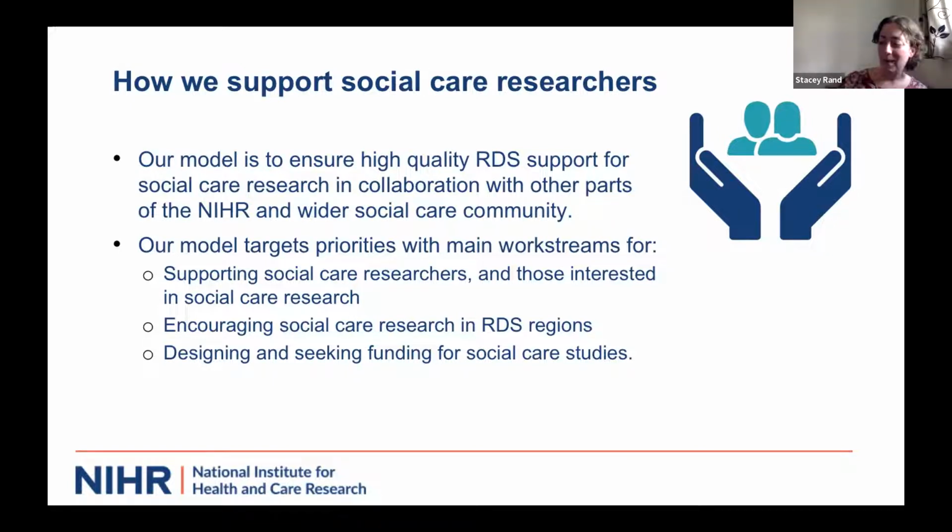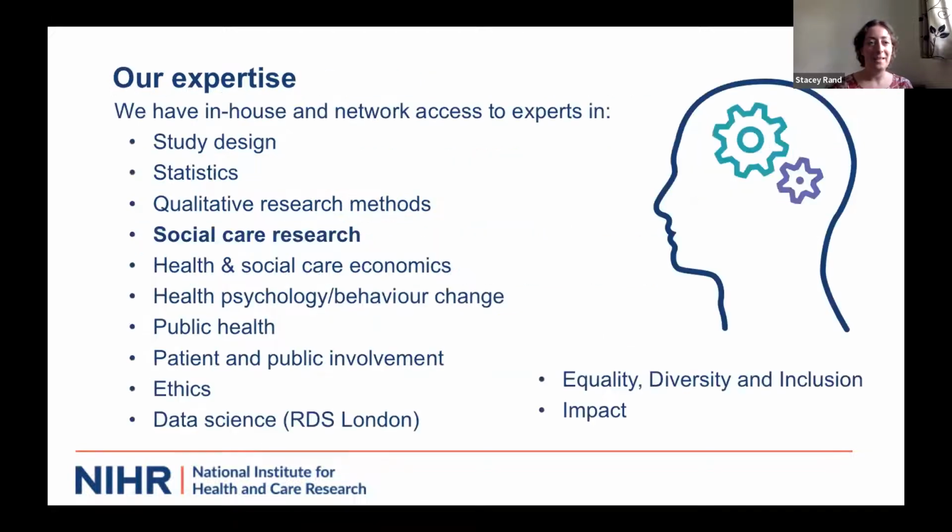So as Jenny was talking about her projects, I think was a good example of a qualitative project using quite creative methods. And again, we have people with those areas of expertise. So this gives a little bit of a flavour. We've highlighted social care research, but as many of you know and has been talked about, this is really diverse, different groups, different methods.